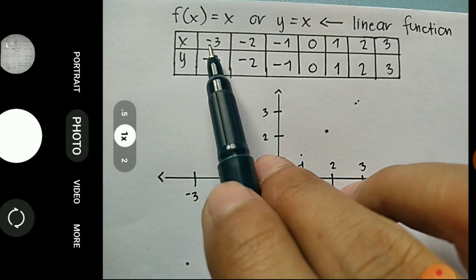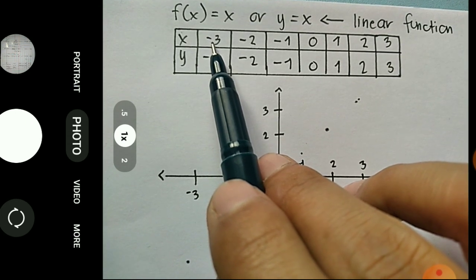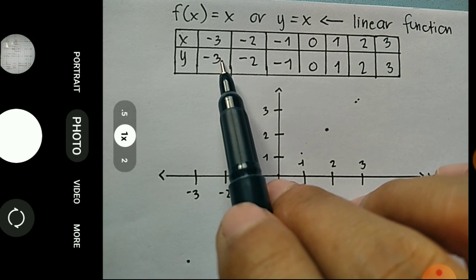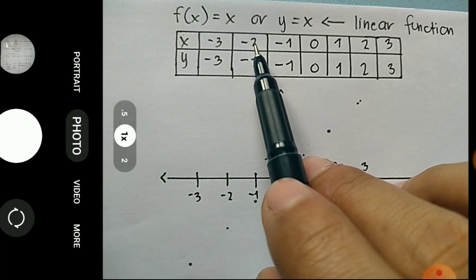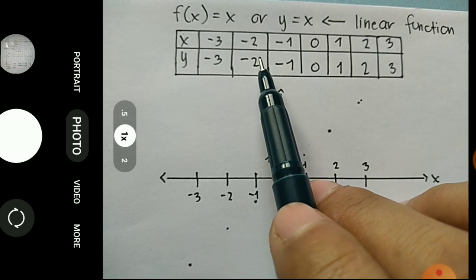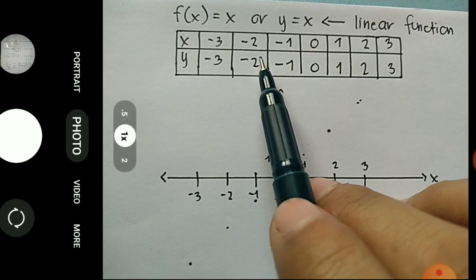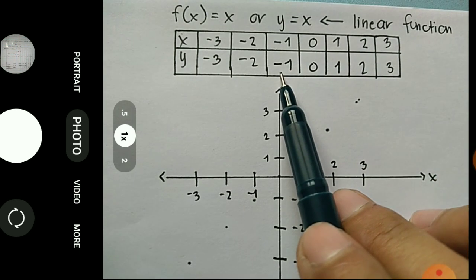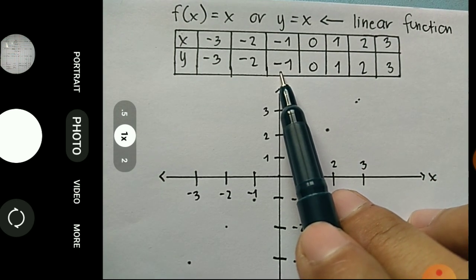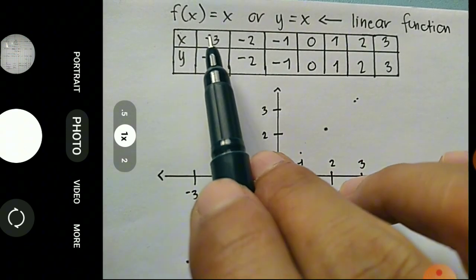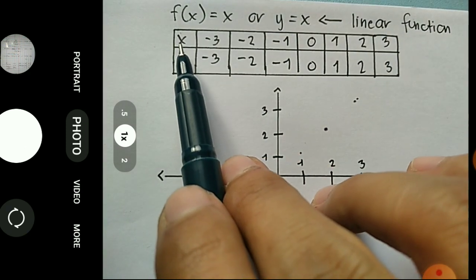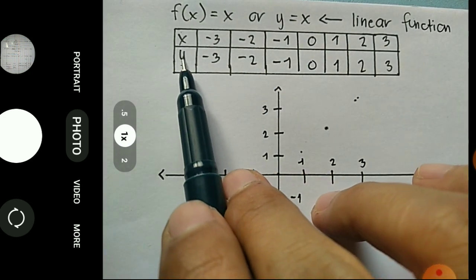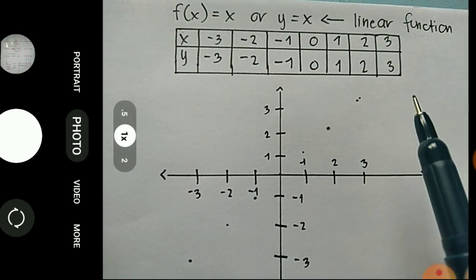So if x is negative 3, y is also negative 3. If x is equal to negative 2, y is also negative 2. If x is equal to negative 1, y is also negative 1. In conclusion, all of the values of x are equal to the values of y.